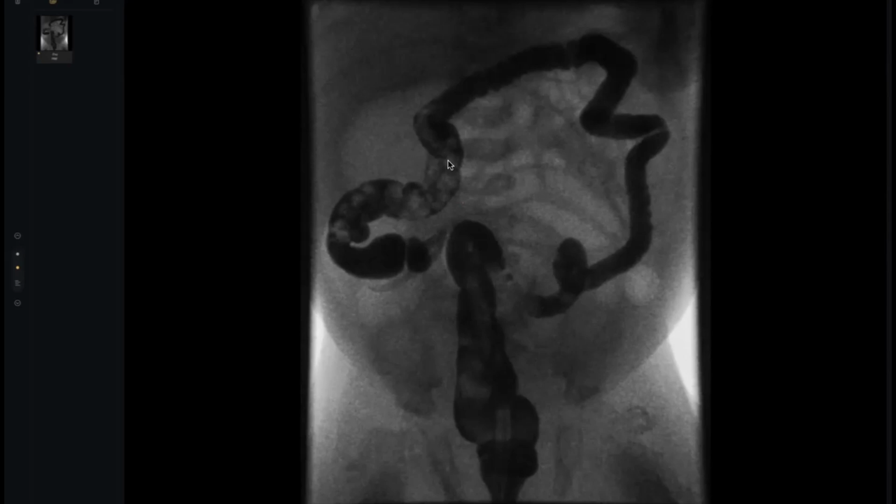No, my colleague, this is normal. You should see some meconium inside the large bowel. The meconium in the baby is like the stool in an adult. So it is not a big deal to see some meconium here. But where is the catch? The catch is here. The problem is here. So it is ileal atresia. Thank you, doctor, so much.